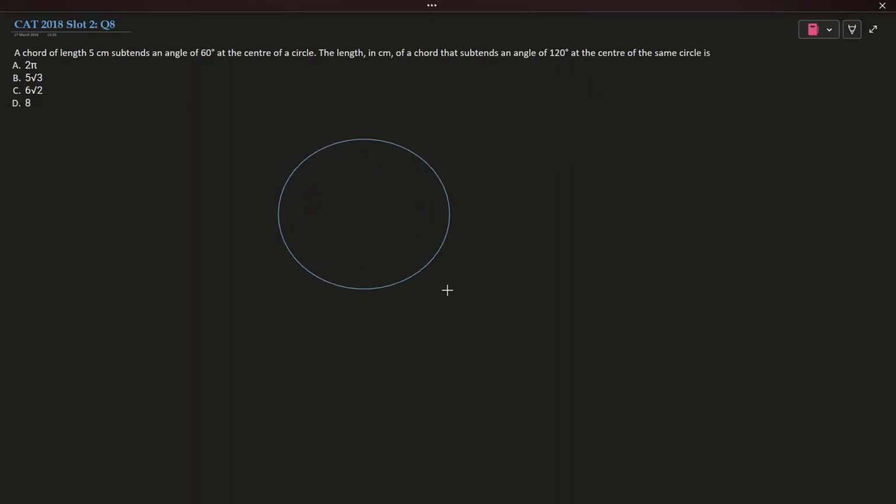Draw the figure. This is the figure. Let's say this is the center. This is the chord.